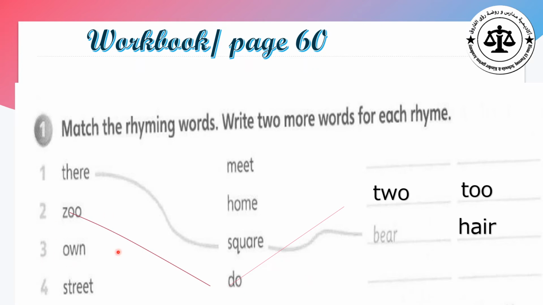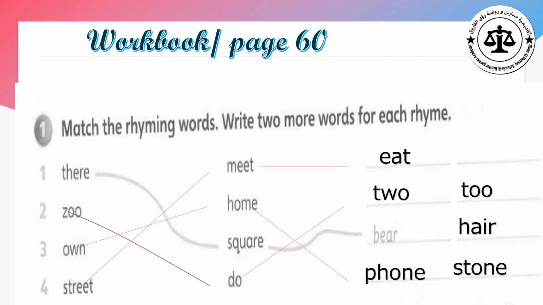Okay, number 3, on, like home. Other examples with the same rhyme of on and home. Bravo, this is phone and stone. The last one, street, like meet. Can you give me other examples with the same rhyme of street and meet? Yes, like eat and seat.